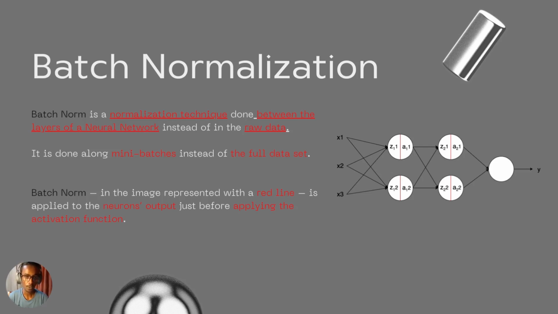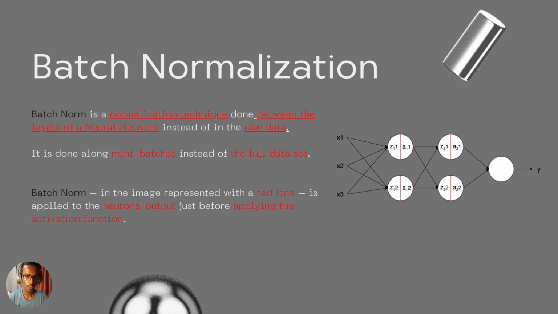For example, for the first input, the range might be between 1 and 1000, and for the second input, the range might be between 0 and 1. If you introduce inputs into the network that have a very large difference in their ranges, it's going to cause what's known as exploding gradients, and that's going to reduce the performance of the model. So we need a normalization technique. There are a bunch of normalization techniques we can use.